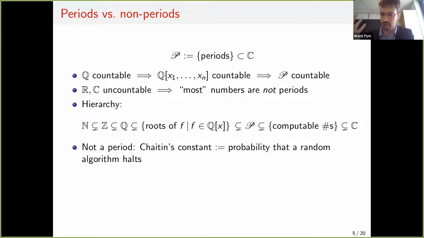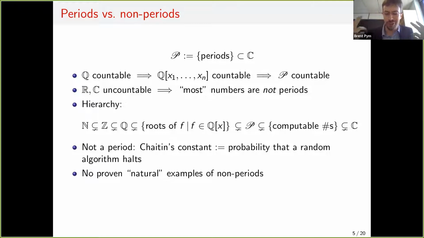But it's kind of a strange number. In fact, there are no proven, what I would call, natural examples of numbers which are not periods. Somehow most of the interesting numbers that we encounter in mathematics turn out to be periods for some reason. One important exception is Euler's number e, which is conjectured not to be a period.